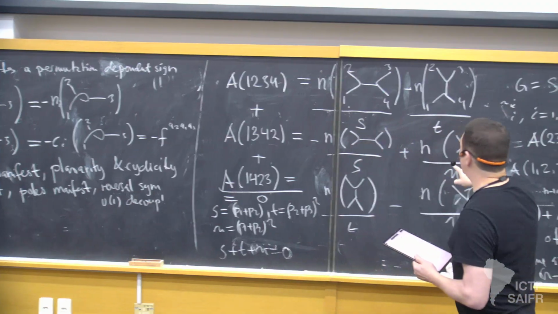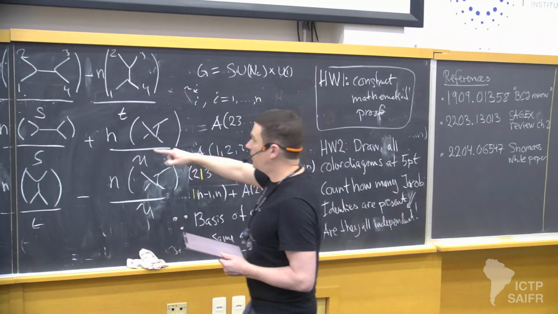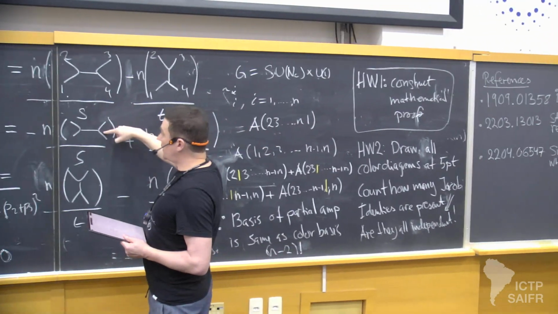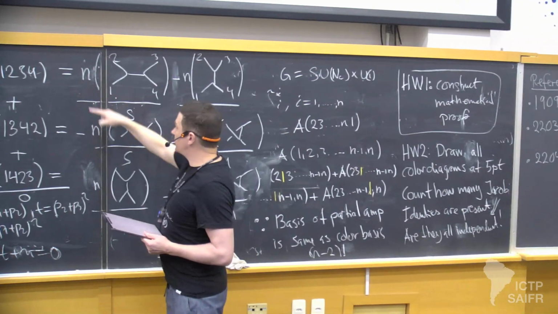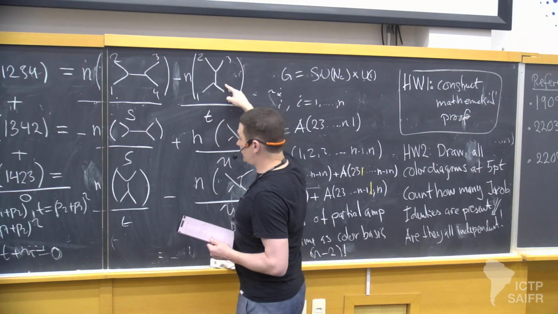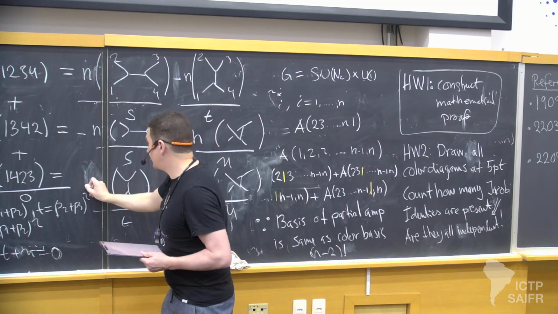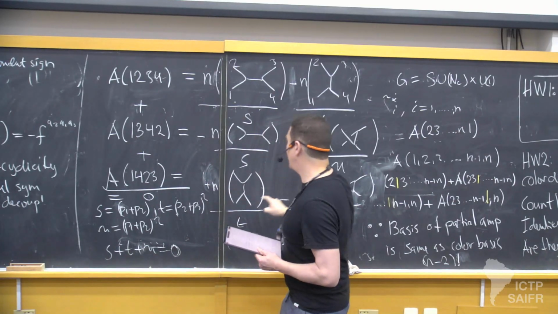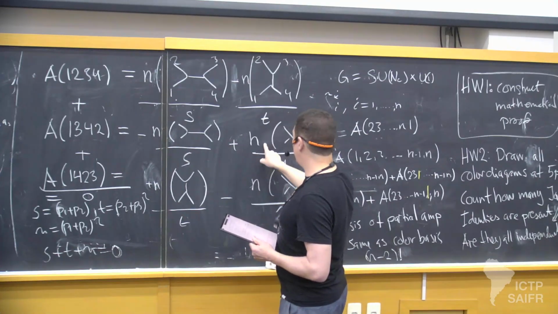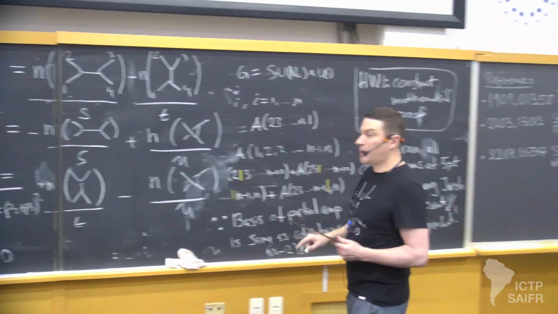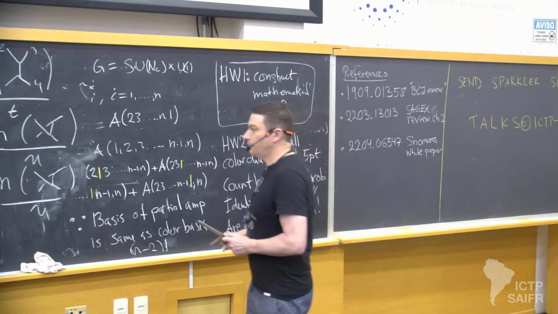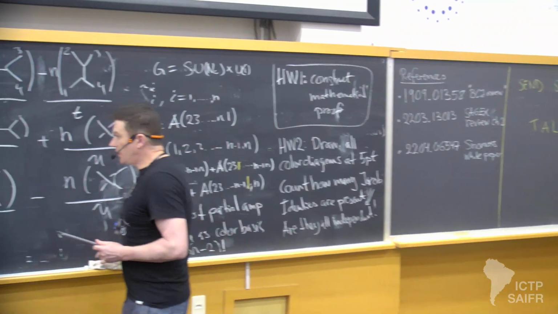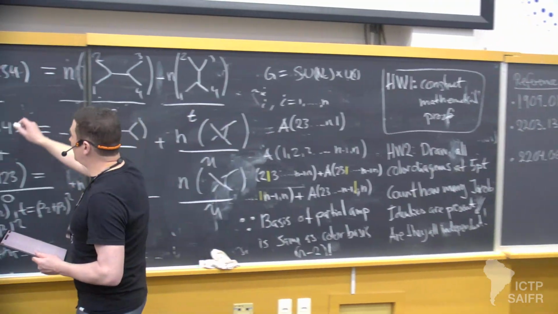And that's obvious. You can see it's obviously 0 because every graph appears twice, and it always appears with a minus sign. This graph appears here, here. This is a plus sign. I guess it's not so obvious. This graph here, here. So it always appears pairwise with opposite signs. And so my claim is that this is the U1 decoupling.